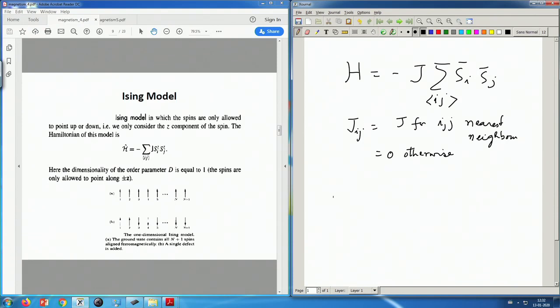So, from this what we mentioned was that this kind of a model requires two pieces of information to start with. One is the lattice on which the spins or the moments are residing, that gives you the underlying lattice, the geometry of the lattice. For example, you can have a one dimensional lattice, you can have a two dimensional lattice.